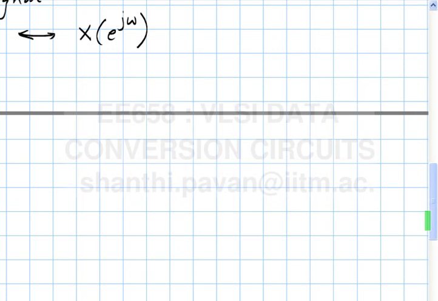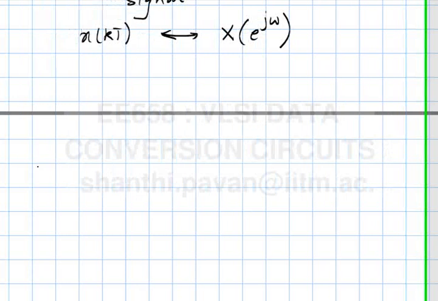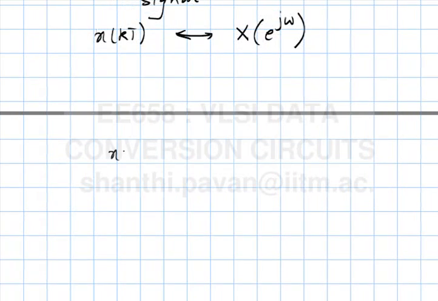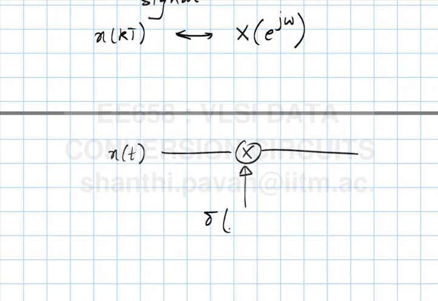And the way this is done is to go back to basic signals and systems and consider the following. So you take the continuous time signal and multiply it by a Dirac delta train.